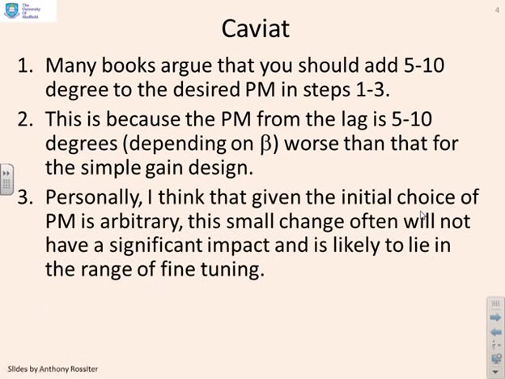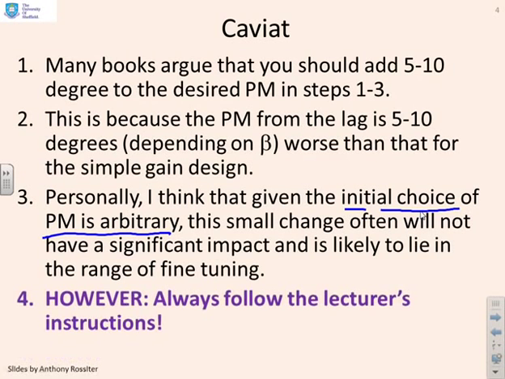Now personally I think that given the initial choice of phase margin is somewhat arbitrary, adding another 5 to 10 degrees is also a little bit arbitrary and may or may not have a significant impact. So I think you have to look at the holistic problem and decide what's best for yourself. However, always follow the lecturer's instructions. So if the lecturer insists that you add this 5 to 10 degrees, then do it.